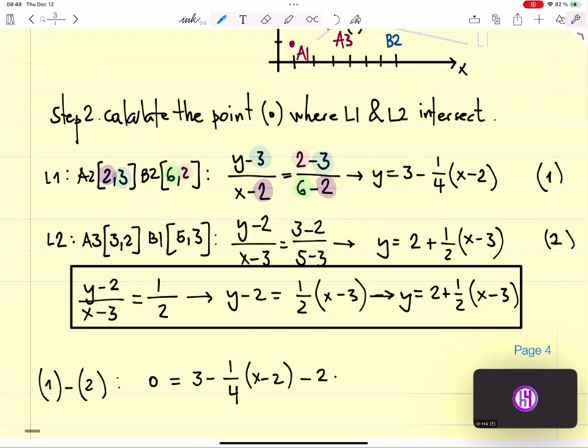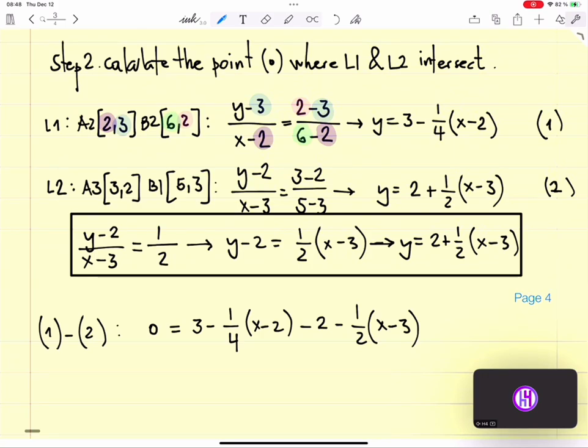Minus 2 minus 1 divided by 2, x minus 3. So 0 equals minus 1 divided by 4x plus 1 divided by 2 minus 2 minus 1 divided by 2x plus 3 divided by 2.